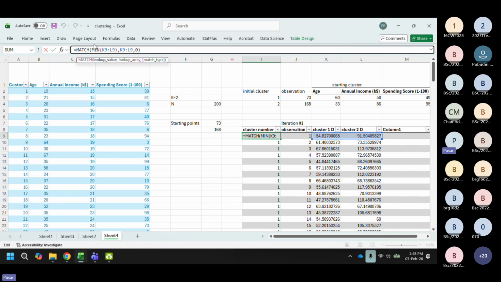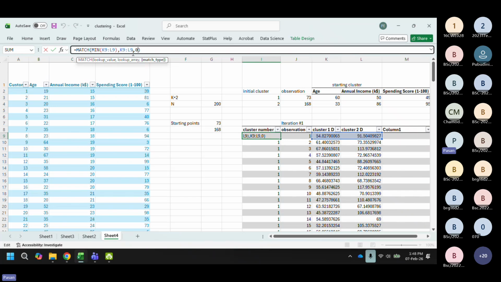And then I'm asking it to look at the array K9 to L9, and then take the observation value. So that is what I want to have here, right? And then the matching type.